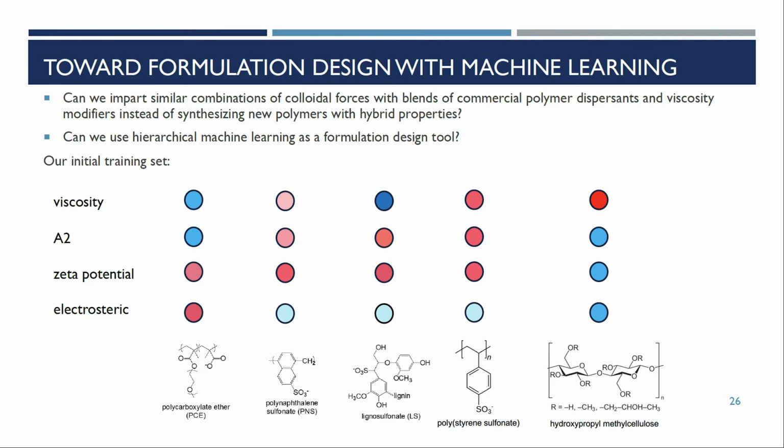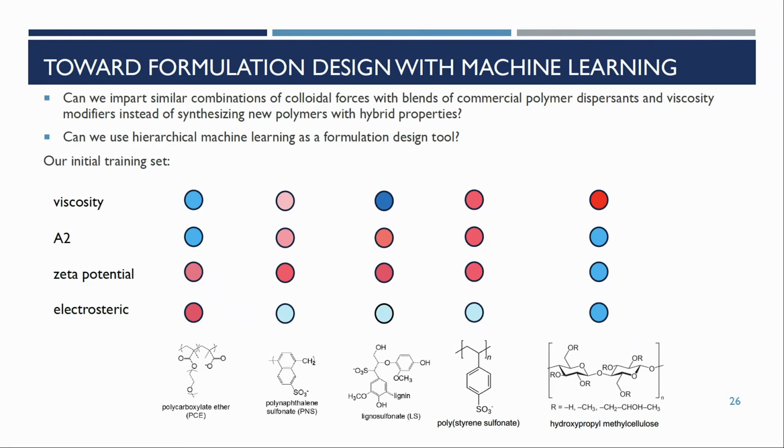I've color-coded this as a heat map. PCEs obviously have a strong electrosteric effect. The hydroxypropylmethylcellulose has a solution viscosity that's incredibly high. It turns out the polystyrene sulfonate has a reasonably high solution viscosity as well, et cetera.